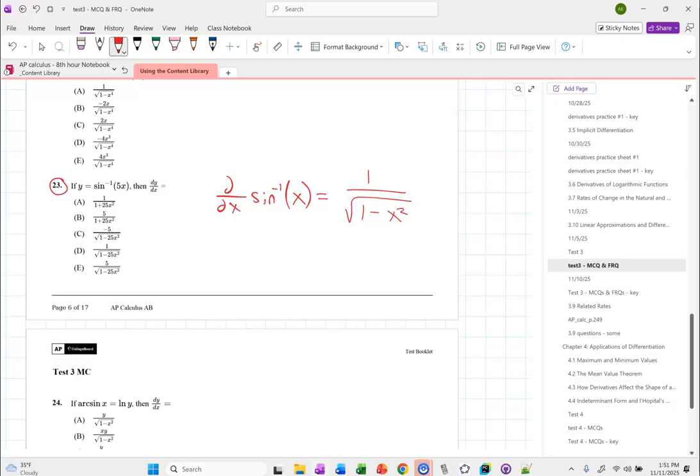Okay, so ours then is the derivative of sine inverse 5x. So I'm just doing the chain rule. So I'd have a 5 on top and a square root of 1 minus 25x squared down there.